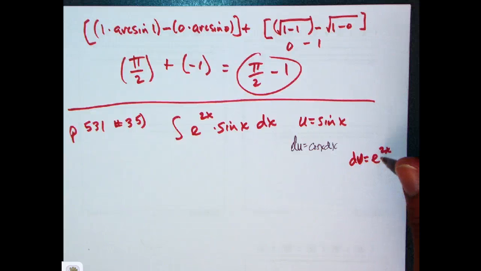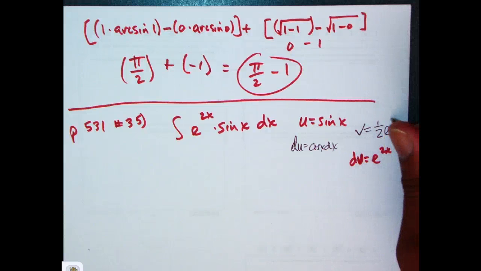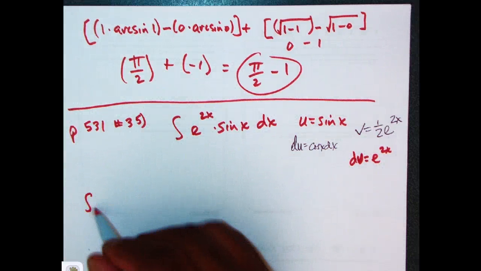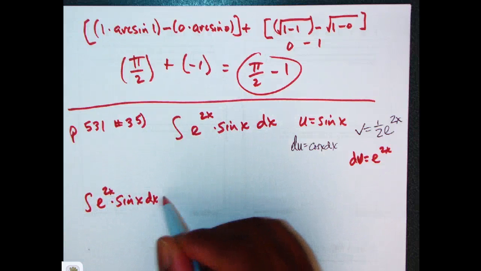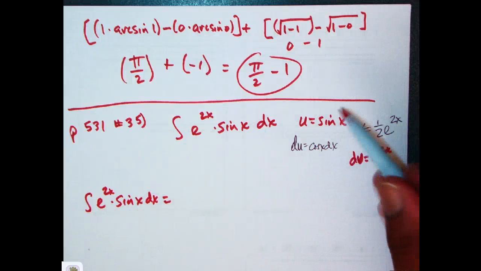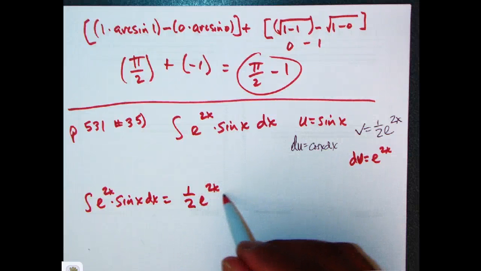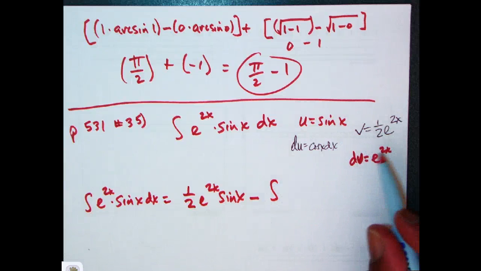And if dv is e to the 2x, then the antiderivative of that, our v, is going to be 1/2 e to the 2x. So the integral of e to the 2x times sine of x dx is going to be uv. So it's u times v, so that'll be 1/2 e to the 2x times sine of x minus the integral of v du.